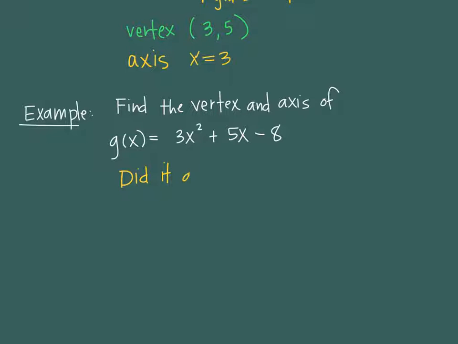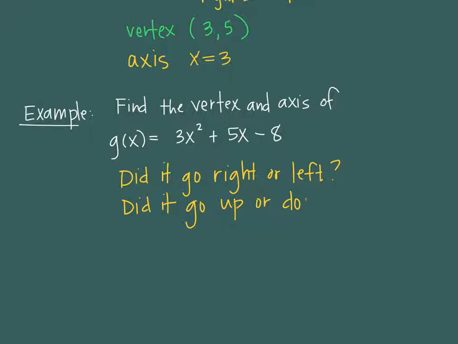Okay, did it go right or left? Did it go up or down? The answer to these two questions are two new variables that we haven't talked about before. It's the variable h and the variable k.